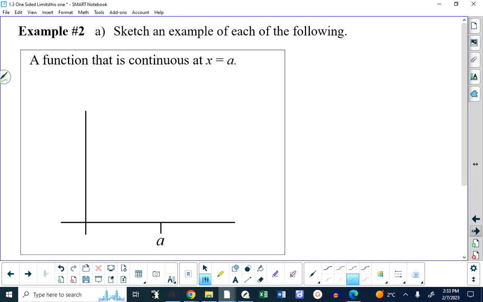All right. Well, let's talk in more detail about that. What is an example of what a graph would look like if the function was continuous at x equals a? Well, that's what it would look like.